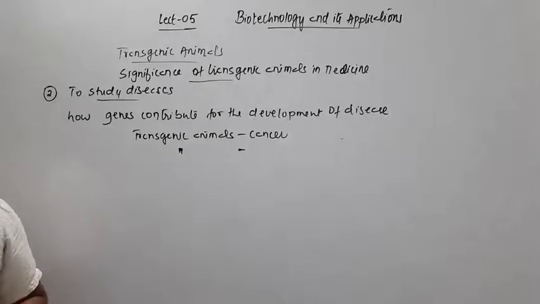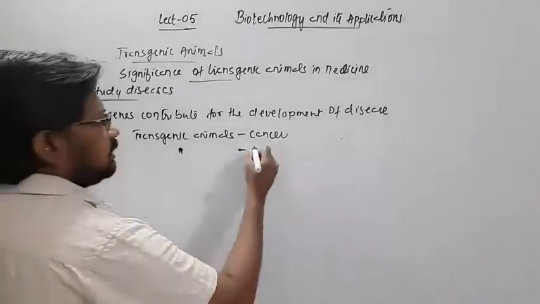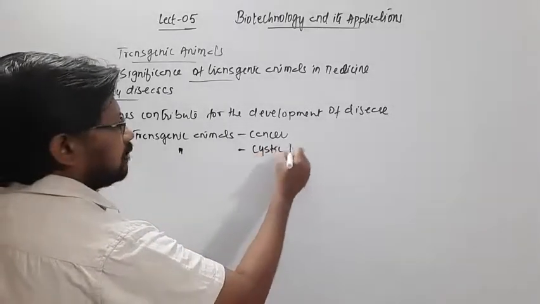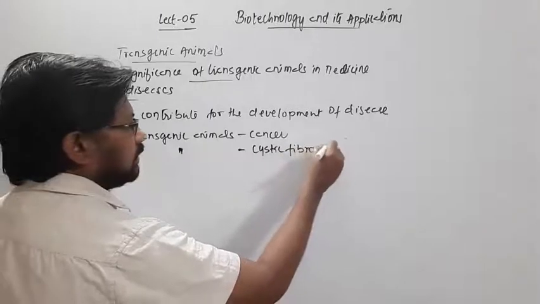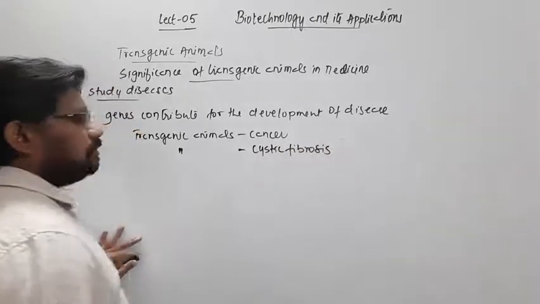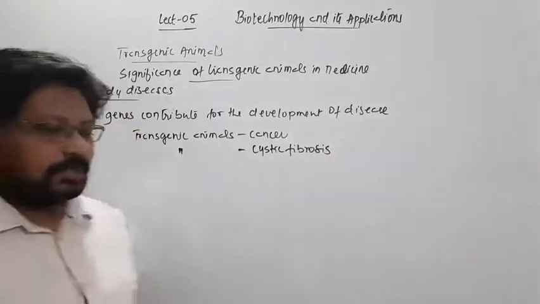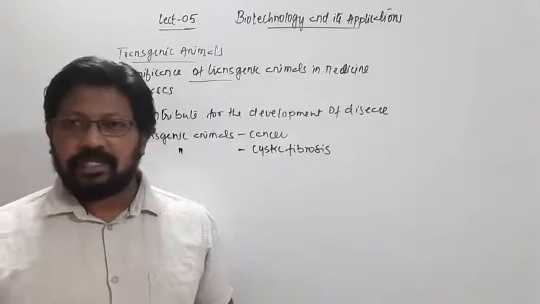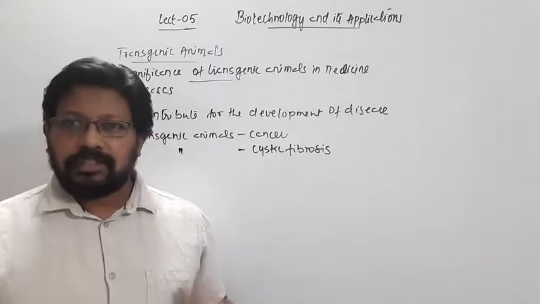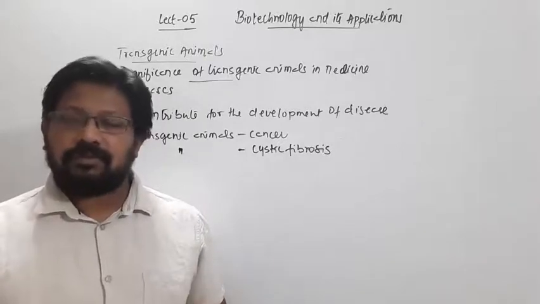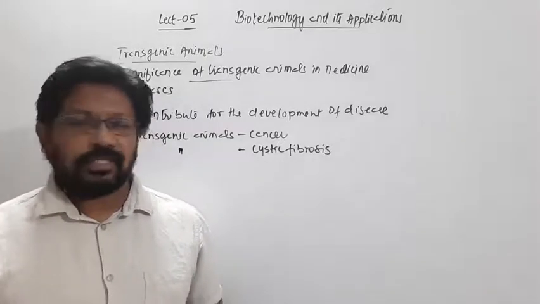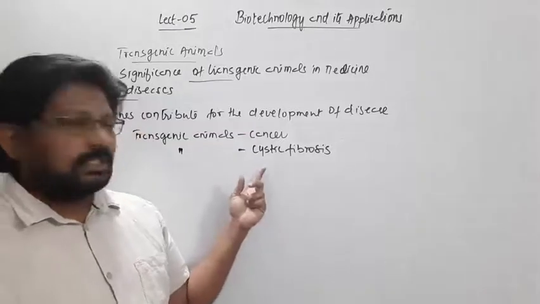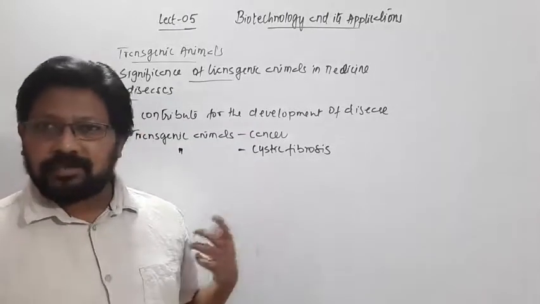And we also have transgenic animals for cystic fibrosis. Remember, we studied this disease in principles of inheritance and variation. It is a genetic disorder that is inherited, passed from one generation to another generation. And how can this cystic fibrosis be treated?